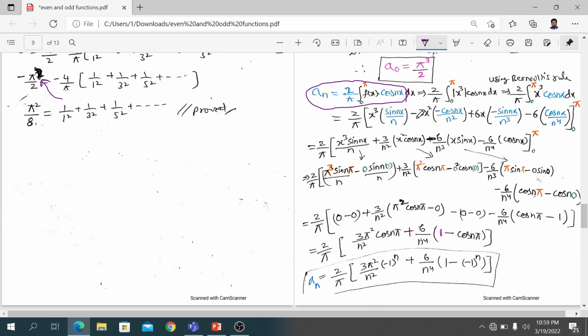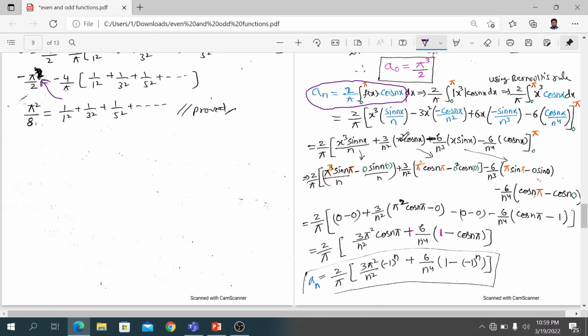U minus u dash plus u double dash minus u triple dash. Now cos nx integration is sin nx by n, sin nx by n integration is minus cos nx by n square. This integration is minus sin nx by n cube. And last this integration, minus into minus plus, cos nx by n power of 4.